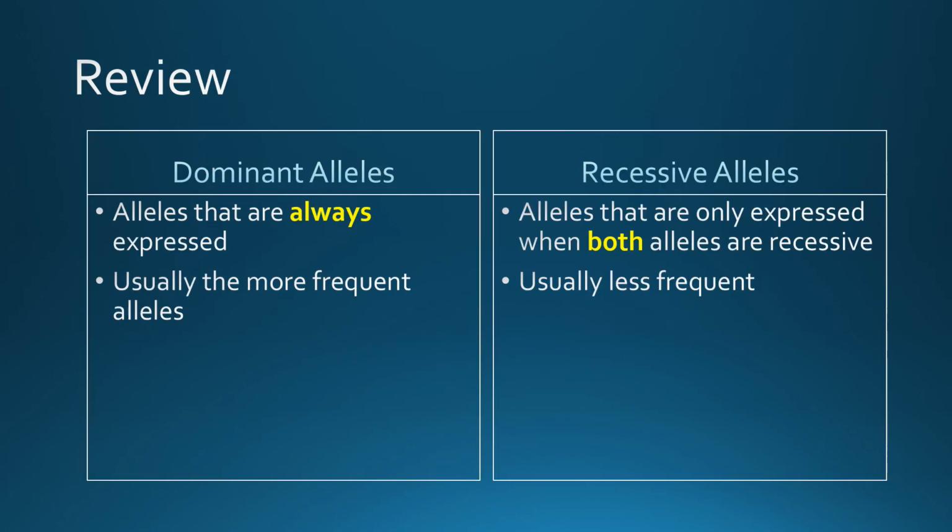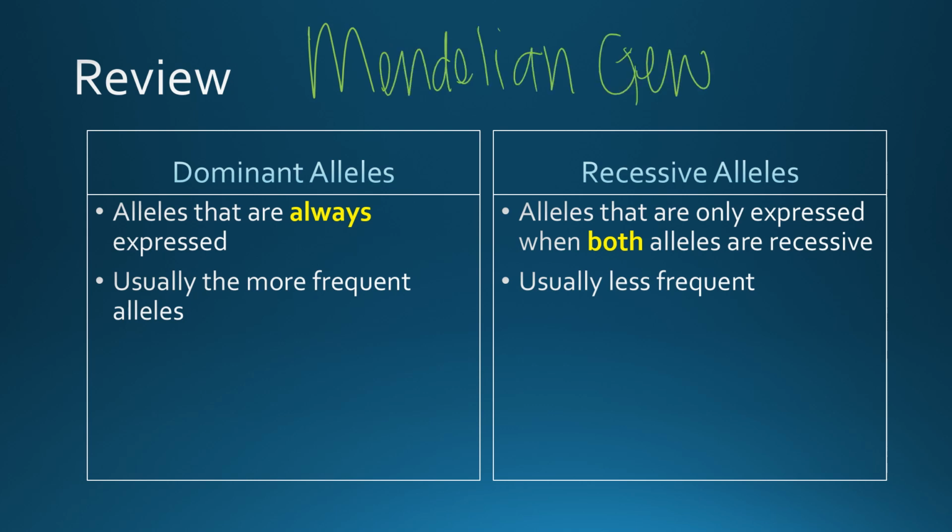Up until this point, we have been talking about Gregor Mendel's interpretation of genetics, otherwise known as Mendelian genetics. When Mendel was doing his experiments, he said that there were dominant alleles and recessive alleles.